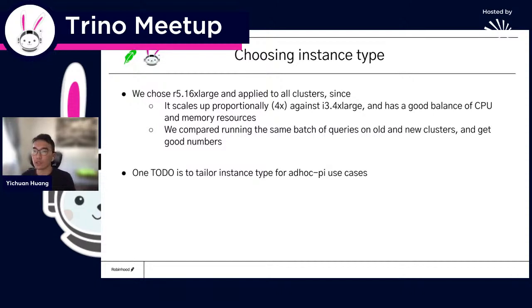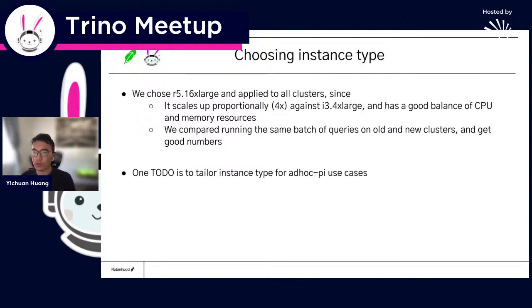Another thing to do here is to better tailor the instance type for use cases like ad hoc PI. If you remember the previous slide, ad hoc PI depends less on memory, but it's more compute intensive.